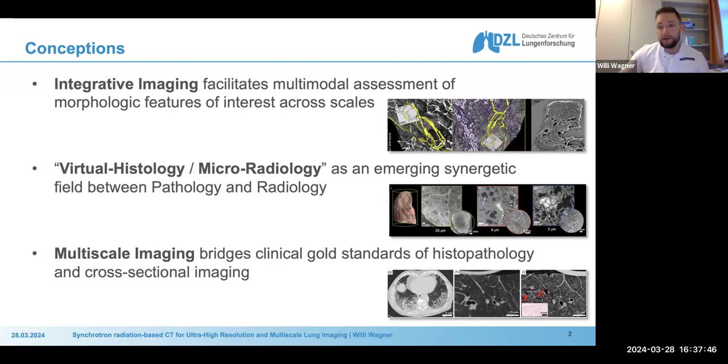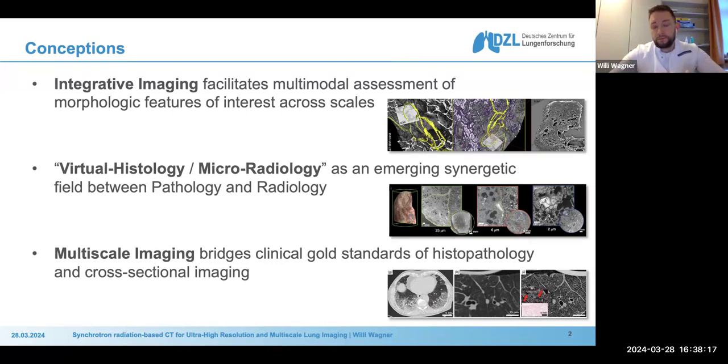Histology, the cross-sectional microscopic imaging with specific stainings, is the gold standard in clinical routine when it comes to assessing tissue. And many research groups are trying to use synchrotron imaging to gather the three-dimensional information.